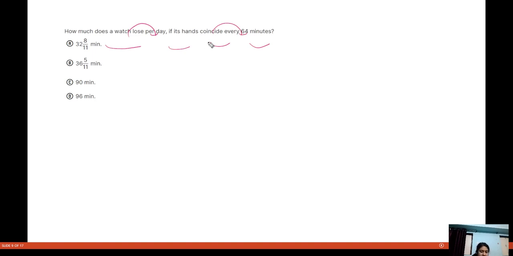Now see, actually when you see its hands are coinciding in every 64 minutes, it should coincide in every 60 minutes. So we don't know which one is traveling faster or which one is traveling slower. When we did our clock earlier, we got the concept that the relative speed of both the hands with respect to each other is 55 minutes.